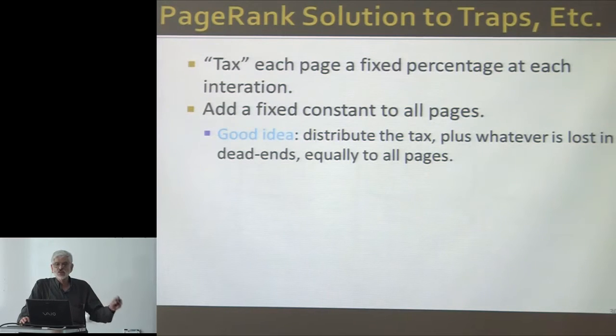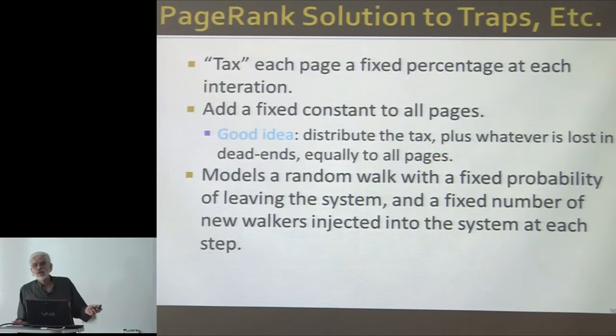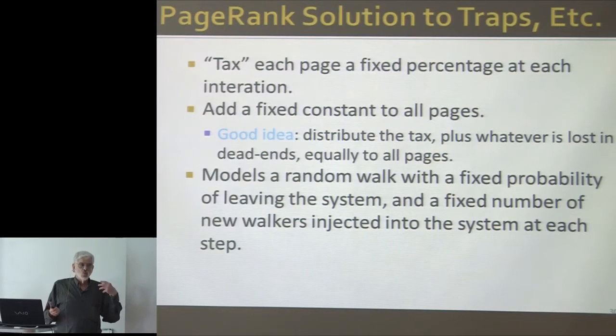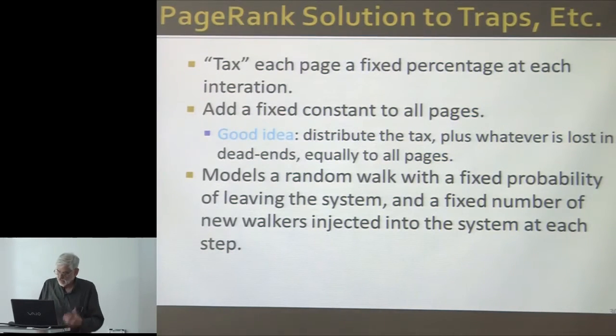Every page gets the same amount, again, which might be based on the tax, might not. At any rate, what this is going to do is model a process in which you're randomly walking on the web, but you have a fixed probability of just deciding to leave the system and go away. And in addition, we're going to introduce some fixed number of walkers at each page at each step. And then we'll just see how the walkers distribute.